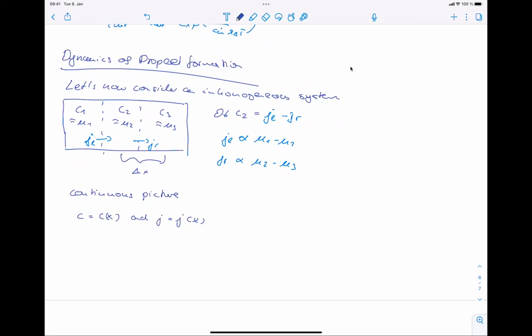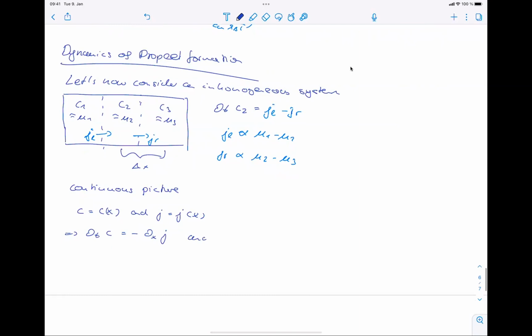And that then says that the time dynamics of my concentration are minus the spatial derivative of my flux. And my flux is minus mobility times the gradient of mu, dx mu.